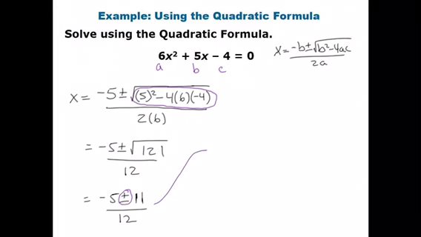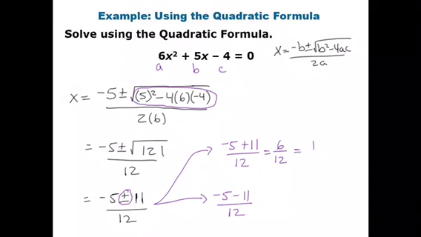So we'll start with, we'll write negative 5 plus 11 divided by 12. And the other one, we'll get negative 5 minus 11 divided by 12. Well, negative 5 plus 11 is a positive 6. So you've got 6 over 12, which is just 1/2.